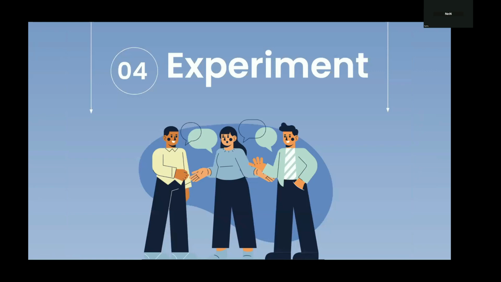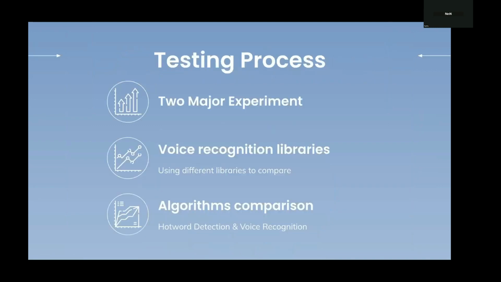And lastly, I would like to talk about the experiments that I did to find the best solution for the challenges that I mentioned earlier for the slide controller. In the testing process, there were two major experiments. The first is voice recognition libraries, which basically compares different libraries.